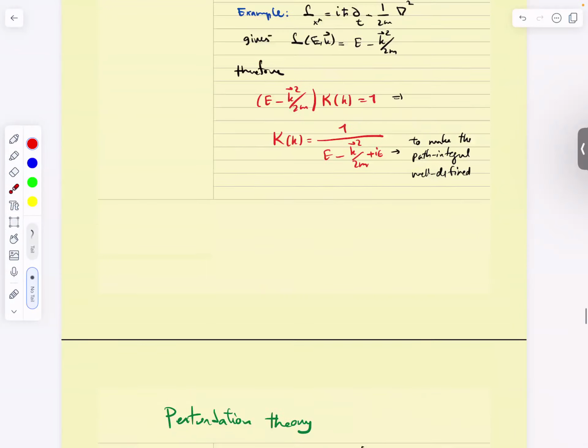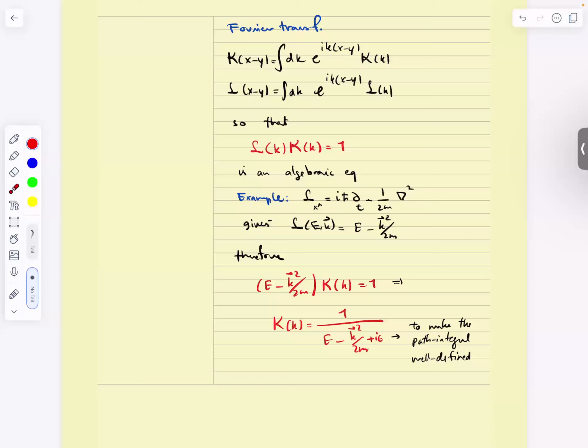All right. Any questions? I have about 10 minutes left, and I think I can get through the basics of perturbation theory. Any questions? This is a good moment to pause. So what did we compute? We computed K naught, the propagator for a free particle.